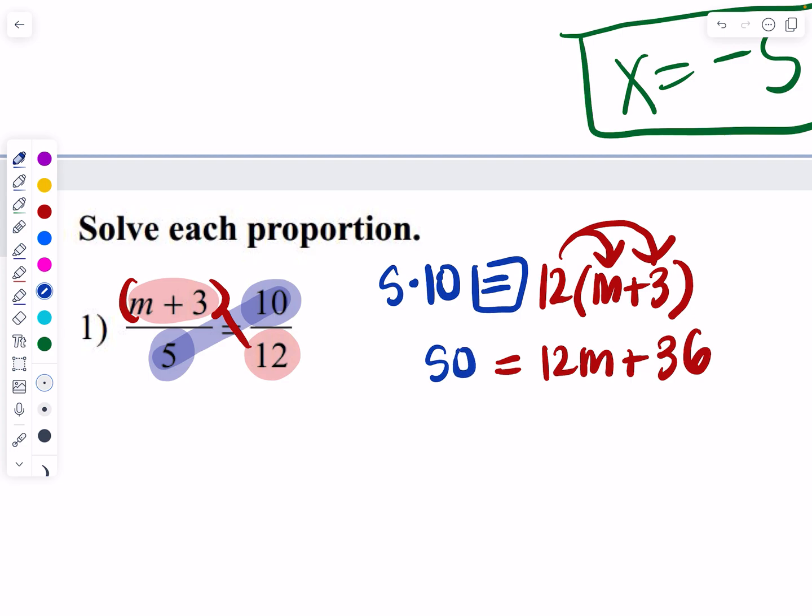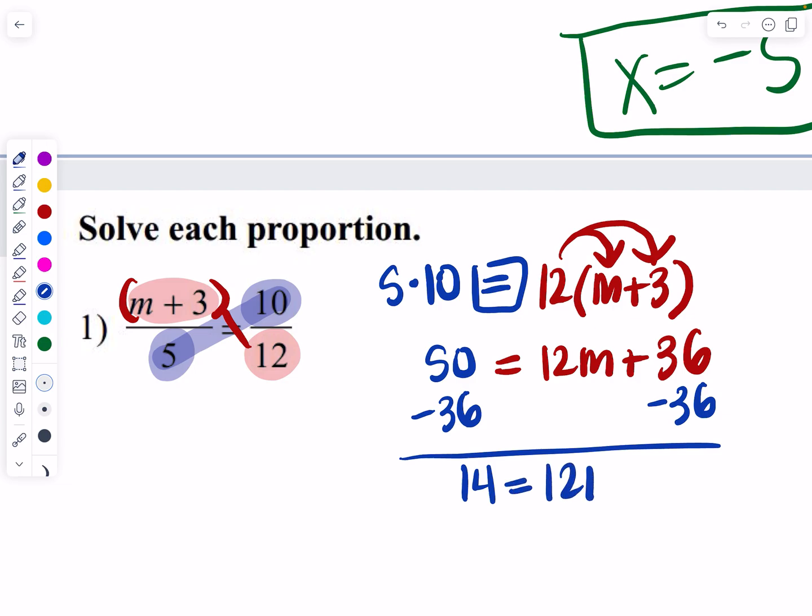And then we're going to subtract 36 from both sides. When we do that, we're going to do 50 minus 36, which is going to give me 14. So 14 is going to be equal to 12m. And then we're going to divide by 12 on both sides, and that is going to give me a decimal, which is okay.